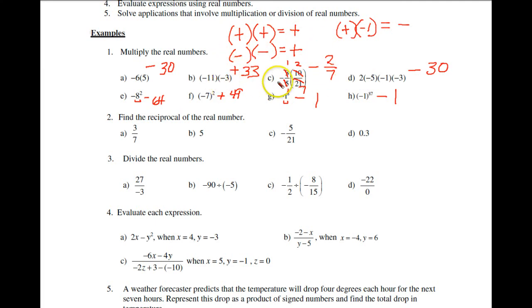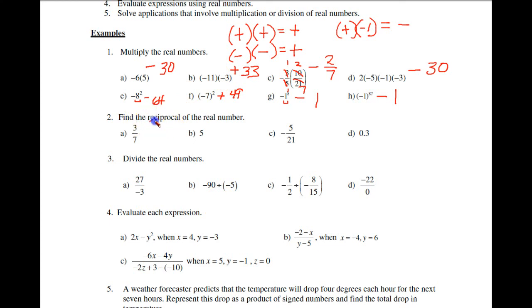Even though they weren't too difficult to work with, you needed to know the rules. And by the way, you can always pause the tape initially and work these out, or go back, rewind the tape, and look at them again to see if you're getting these answers. And of course, they are down at the bottom of the page.